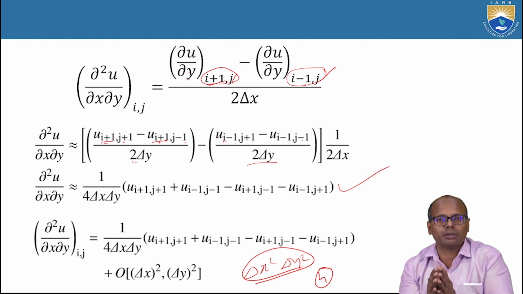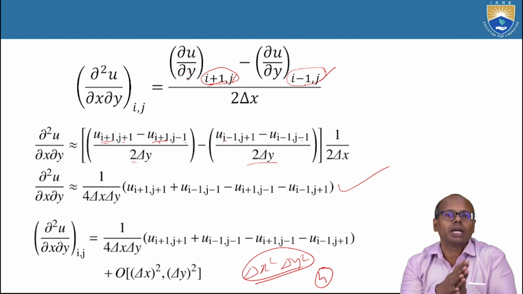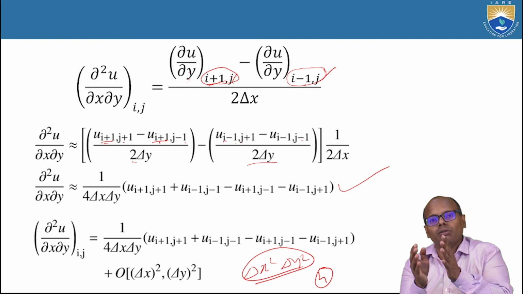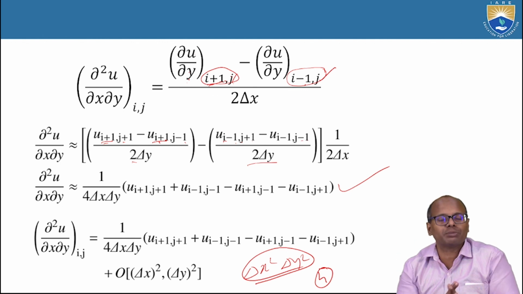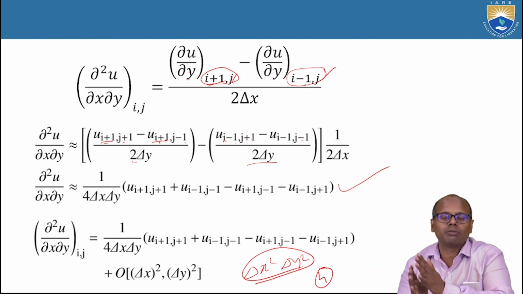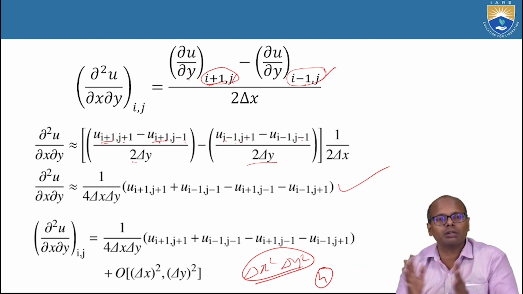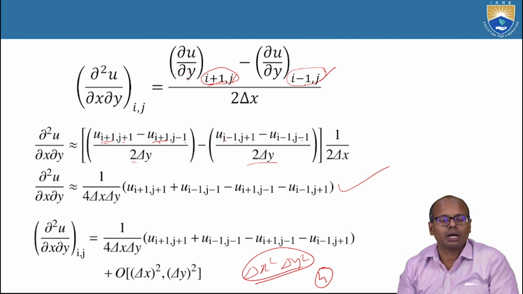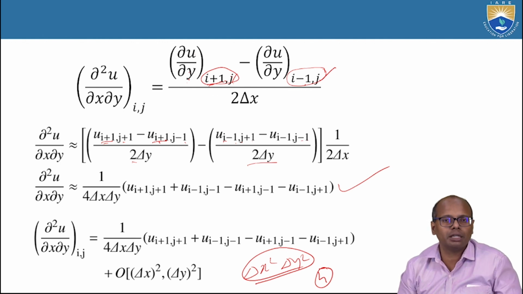The finite difference replacement is done in three different ways: forward difference, backward difference, and central difference. You can use these to formulate the finite difference terms for any partial differential term in the governing equations.